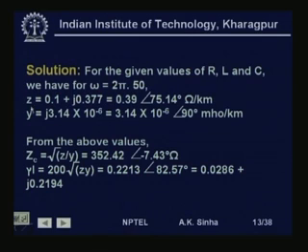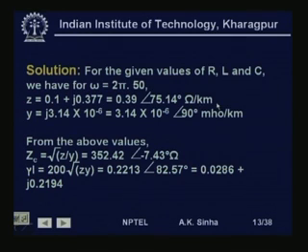Therefore, we can calculate the series impedance per unit length, or per kilometer, as 0.1, which is the resistance, plus j 0.377, that is twice pi f into L, where L is 1.2 millihenry per kilometer. So, this comes out to be 0.1 plus j 0.377, which is equal to 0.39 with an angle of 75.14 in ohms per kilometer.